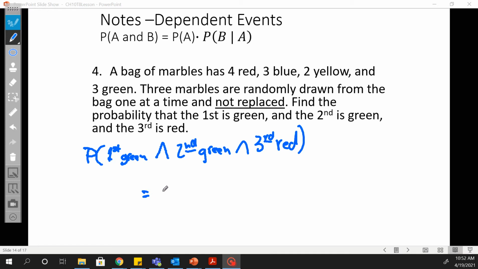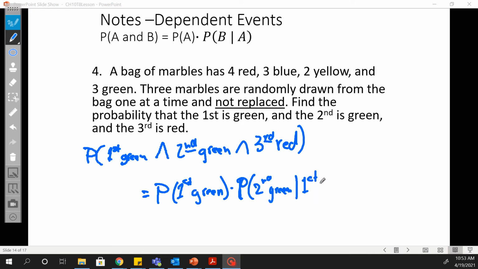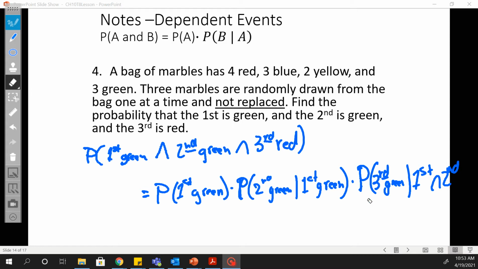And that's going to be the probability that the first is green, times the probability that the second is green given the first one is green, times the probability that the third is, sorry, not the third one is green, the third one's supposed to be red.